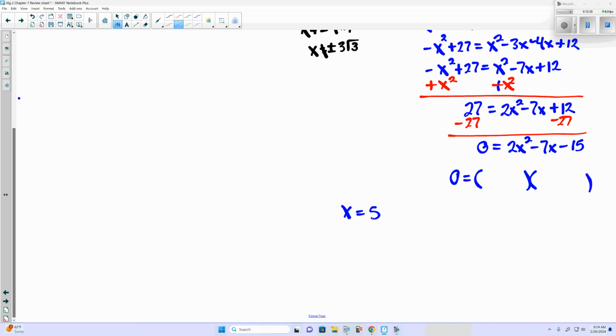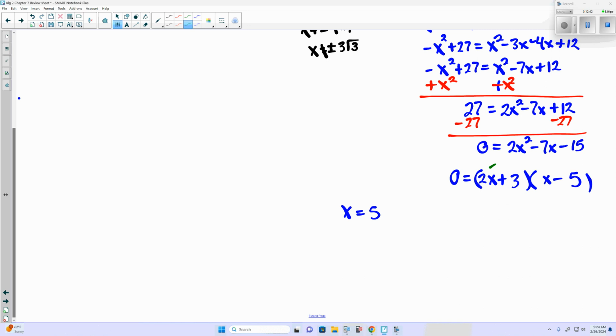Since the third term is negative, our signs are opposite. Factors of 2x squared are 2x and x. So I'm just picking which one to put it in for now. Factors of 15 are 1 and 15 or 3 and 5.